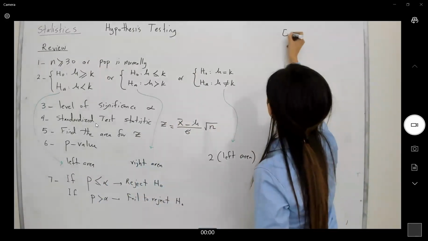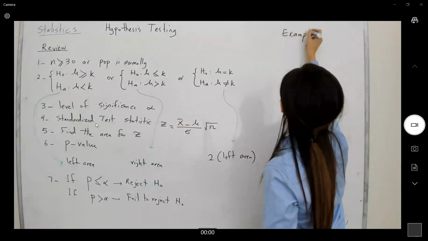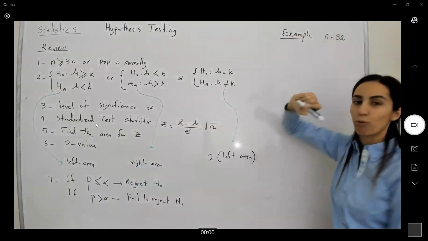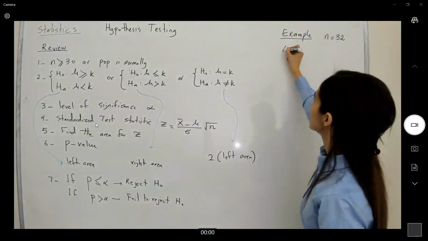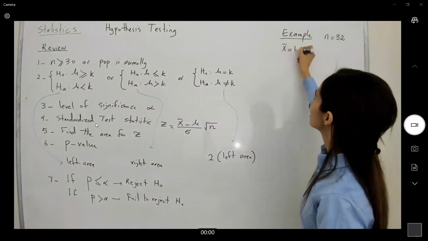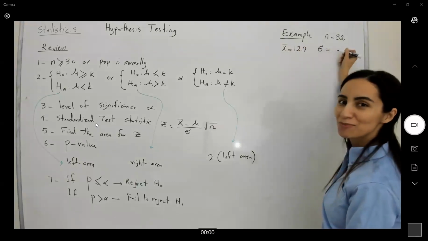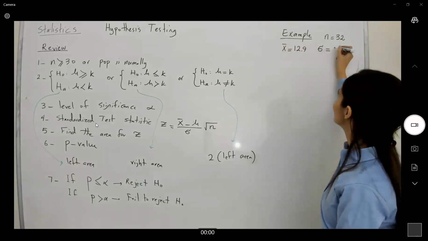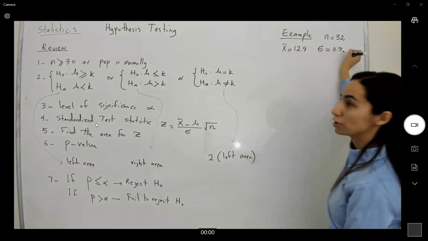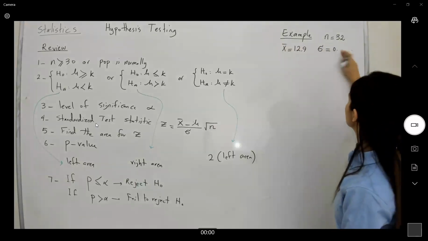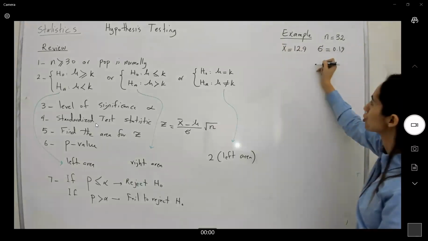In this example, first, I have my n, which is 32. What else do I have? X bar is 12.9. I have sigma, which is 0.19. 0.19. Thank you so much.